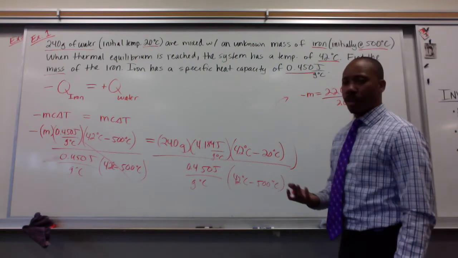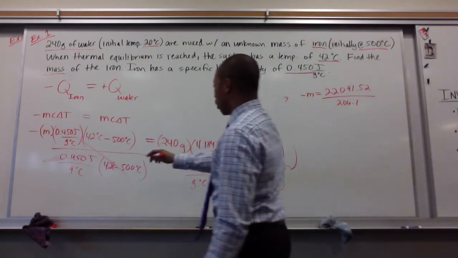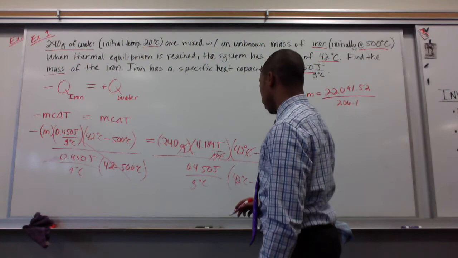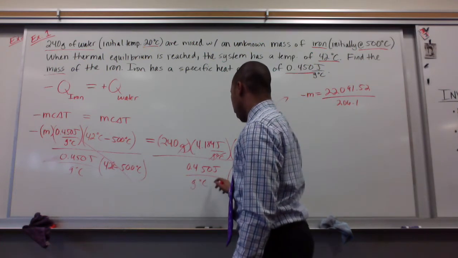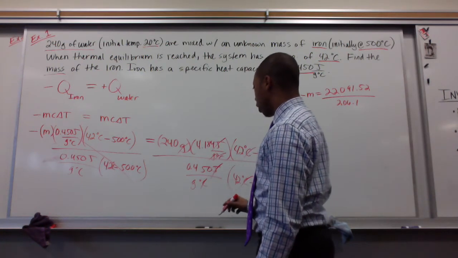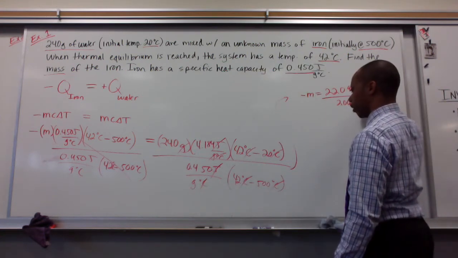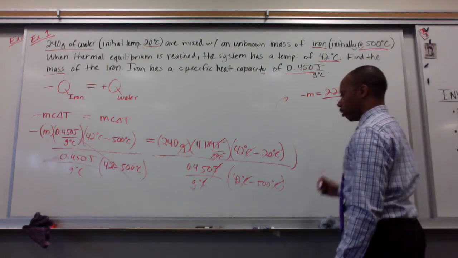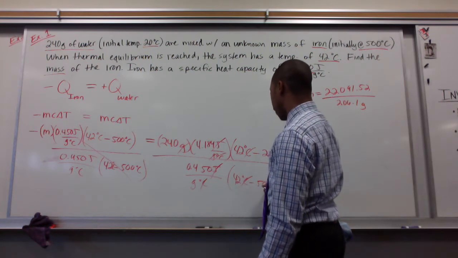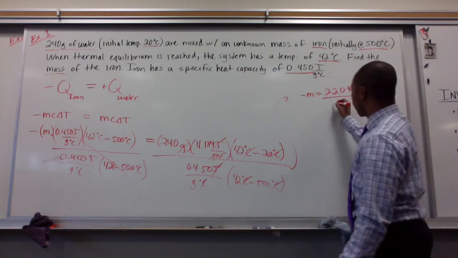Now let's see if all my units are correct. So grams cancels with grams. Degrees Celsius will cancel with degrees Celsius. Joules on top cancels with joules. I'm simply left with units of grams. So this will be grams down here, just 0.450 times 42 minus 500, excuse me. But this is going to give me a negative number, which makes this negative.